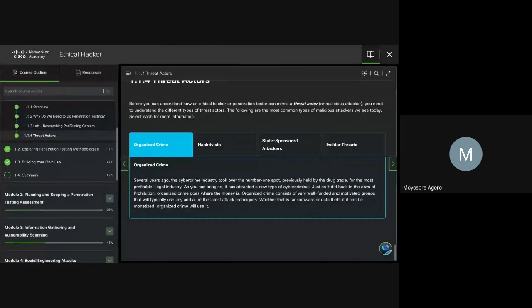Okay, so an insider threat concerns a threat actor that is inside the organization. So that is an insider threat actor. But an activist is someone that just steals sensitive data and releases it to the public to embarrass or financially affect a target.